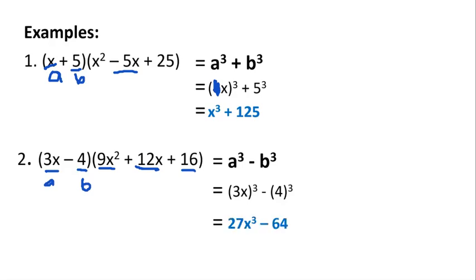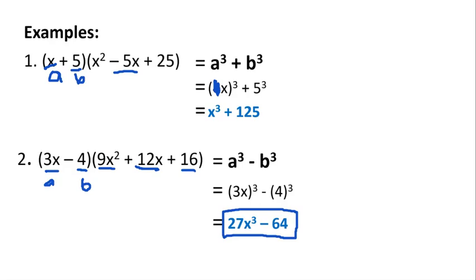Okay, multiply natin yung 3x sa kanyang sarili 3 times. The answer is 27x cubed. And multiply natin si 4 3 times sa kanyang sarili. The answer is 64. And copy lang natin yung minus sign. Therefore, this is our final answer. And 27x cubed minus 64. The product of the binomial and the trinomial here given is 27x cubed minus 64.